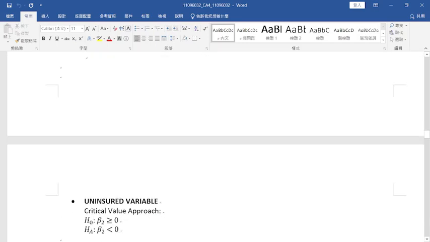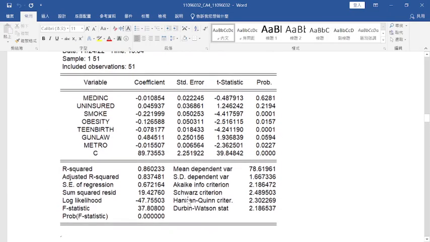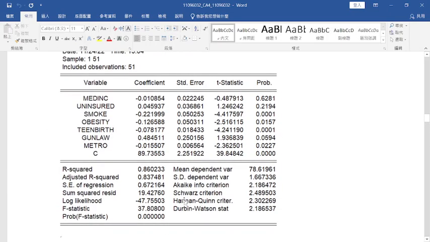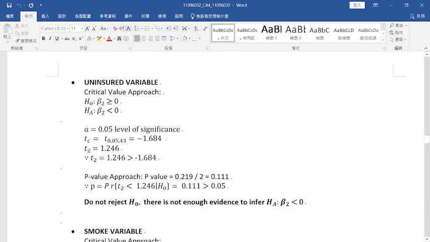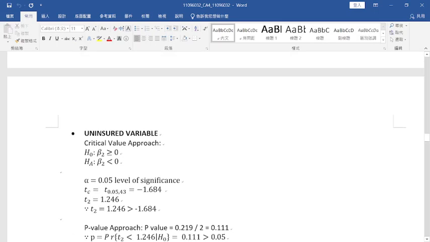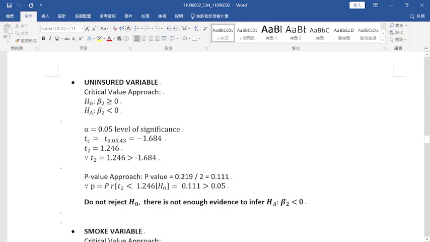The regression coefficient is positive, and this is greater than the critical value, so it does not fall in the rejection region.